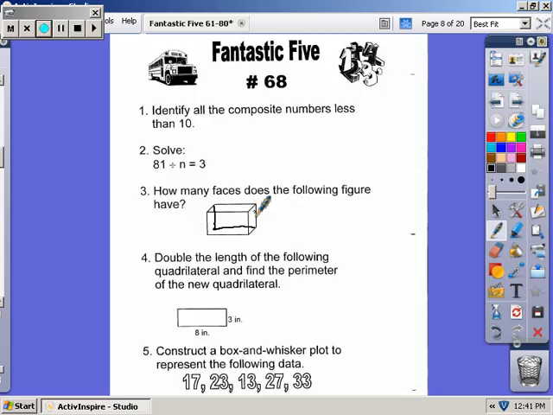It has 2 sides. It has a top and a bottom. Do you have anything else? No? It's got the 2 sides. It's got this side right here. It's got this side over here. And it's got 1 in the front, 1 in the back, and then 1 in the top and 1 in the bottom. How many? 6. It's got 6 faces. Very good.